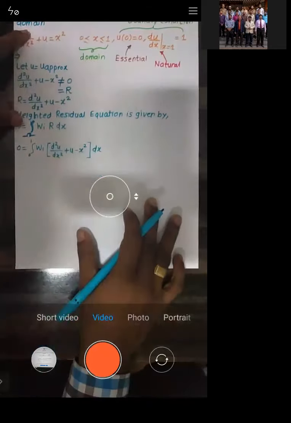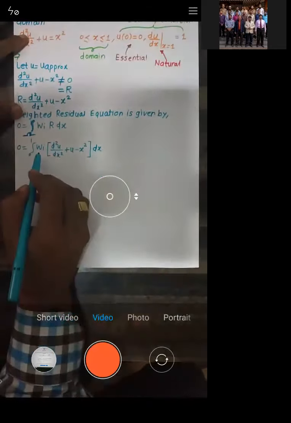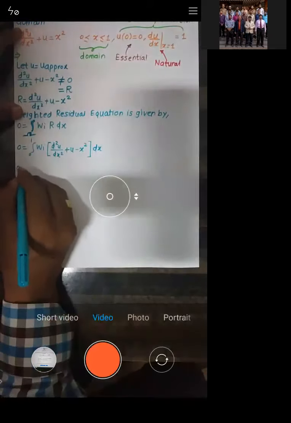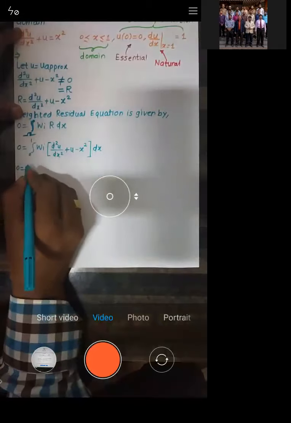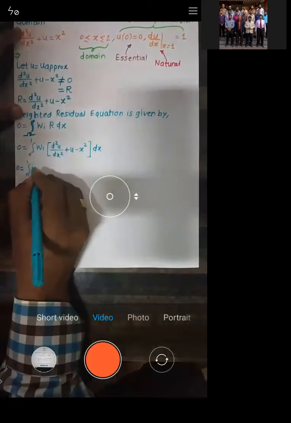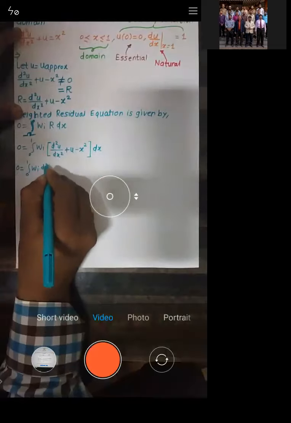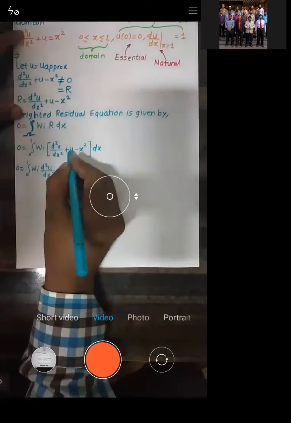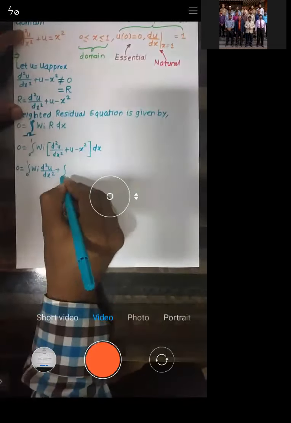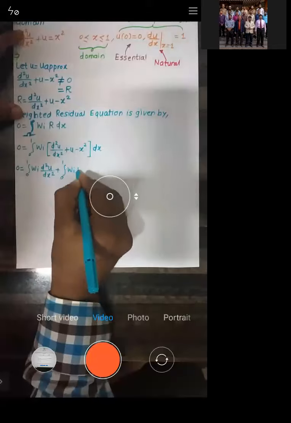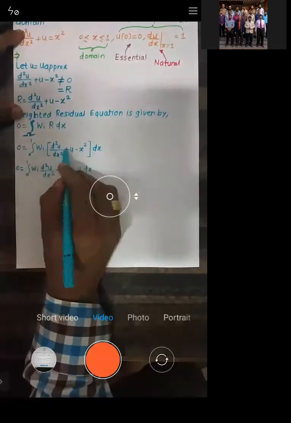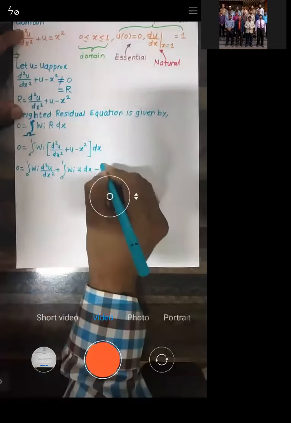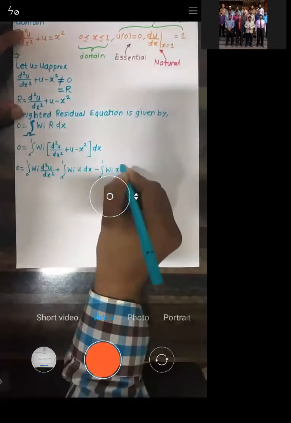Now we will multiply this Wi to each term of the bracket. So 0 is equal to integration 0 to 1 of Wi into d square u by dx square, plus integration 0 to 1 of Wi into u into dx, minus integration 0 to 1 of Wi into x square into dx.